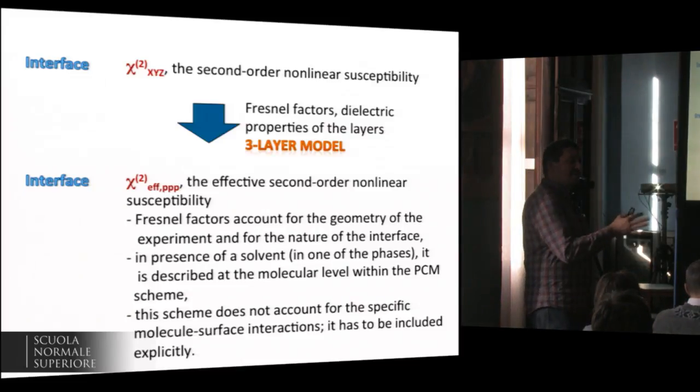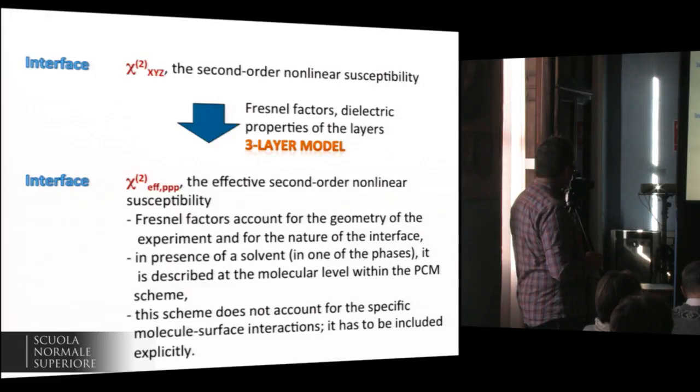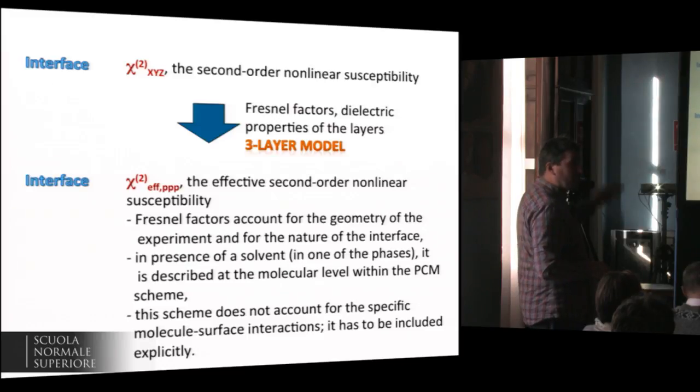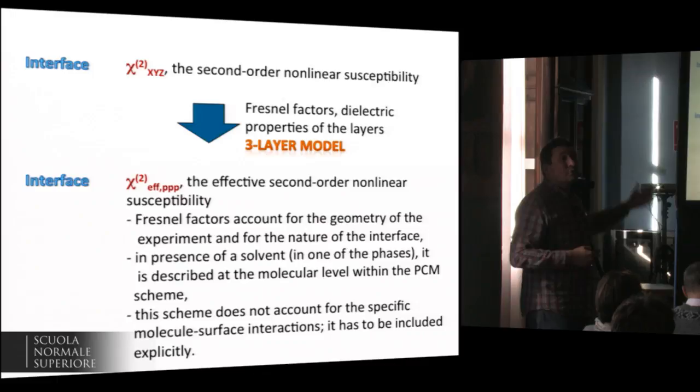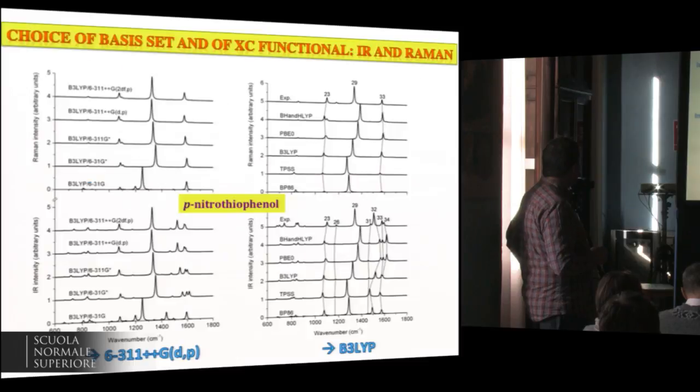At least this is for the first simulation. The second thing, which was also done in a few cases: the medium on top is a liquid, and in such a case, the frequencies and d mu dq and d alpha dq are evaluated within the PCM scheme.